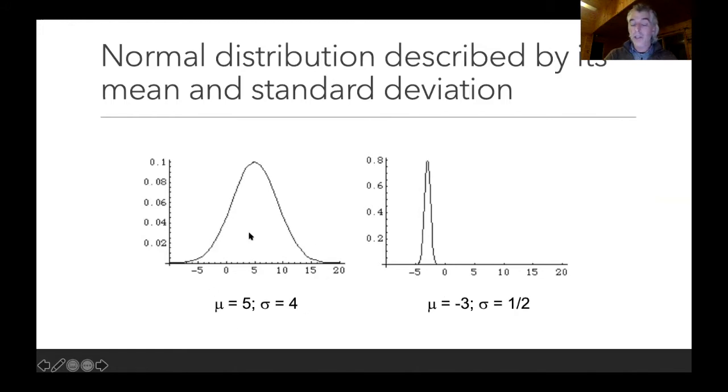More spread in the distribution on the left, less spread in the distribution on the right. And so these two parameters completely describe the shape of this line, where the exact values along these lines are defined by the equation that I just showed you on the previous slide.